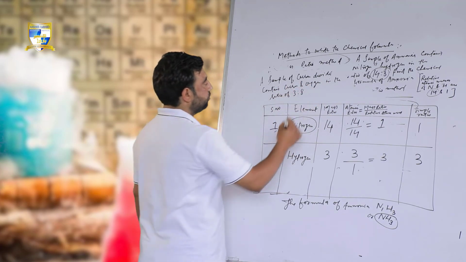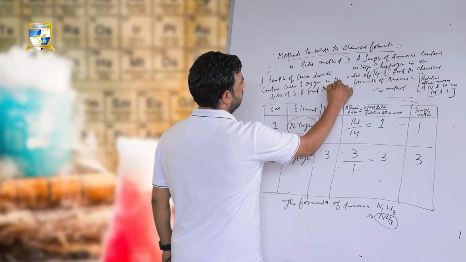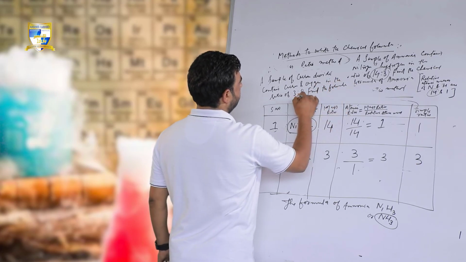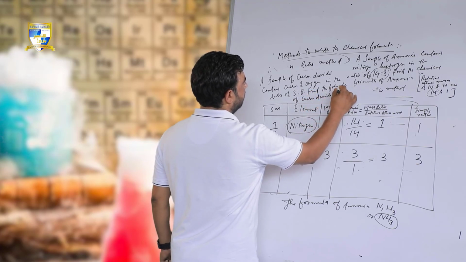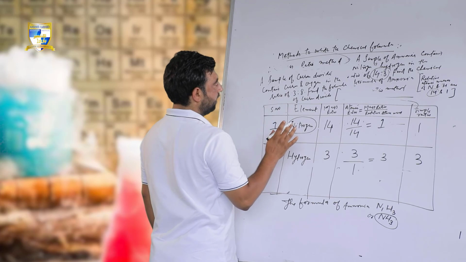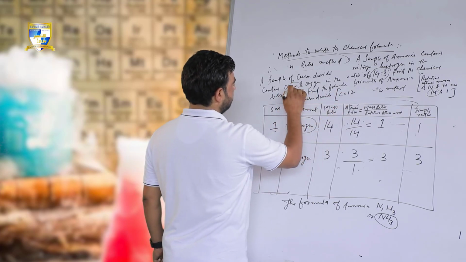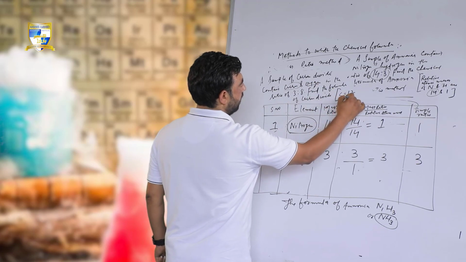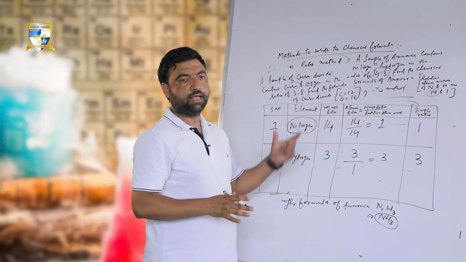Find the formula of carbon dioxide. For your kind information, the relative atomic mass of carbon is 12, and the relative atomic mass of oxygen is 16. So you will try this example at home.